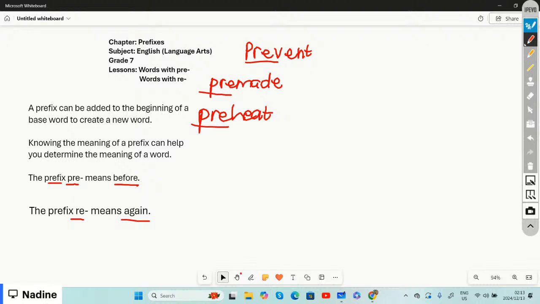Then we also have our preschool. They send you to preschool before you come to, let's say, grade one. And then you're in preschool, before school. Then you have preview.